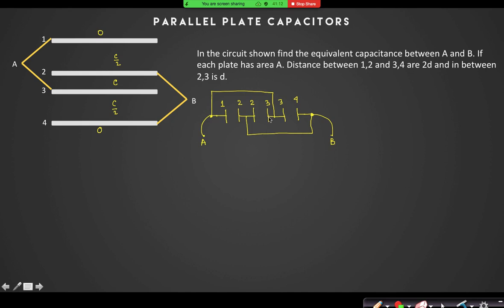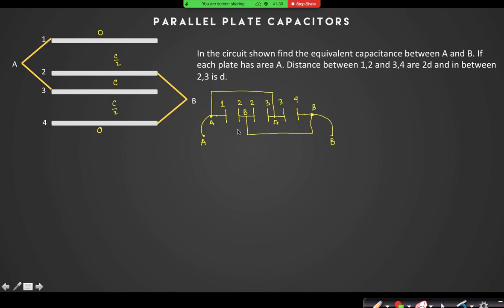Now you can see if this is A, this is also A. If this is B, this is also B. Right? So all the capacitors lie in parallel, can you understand? Because all the capacitors are lying in between A and B only.